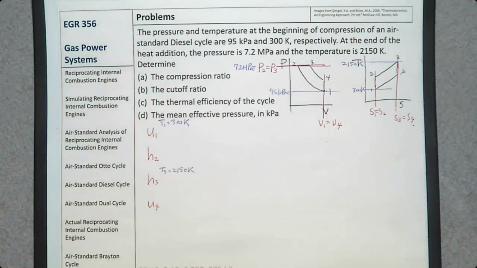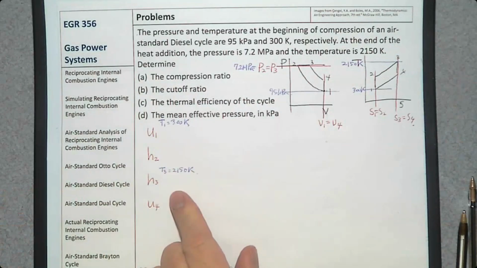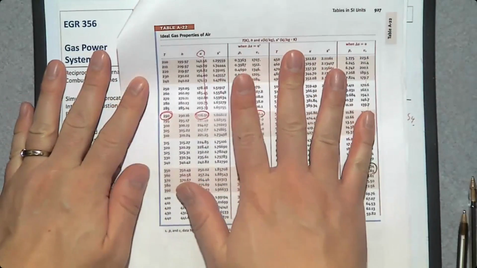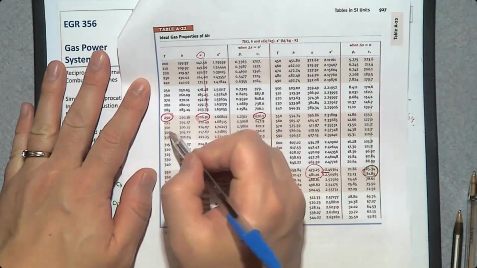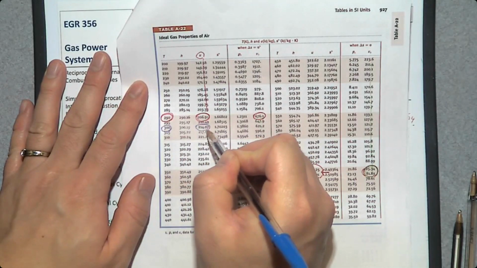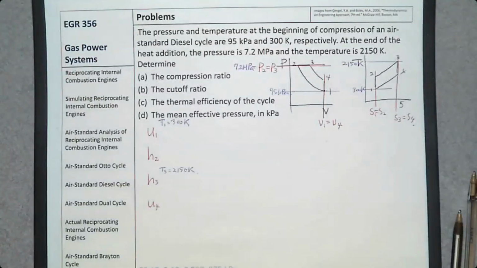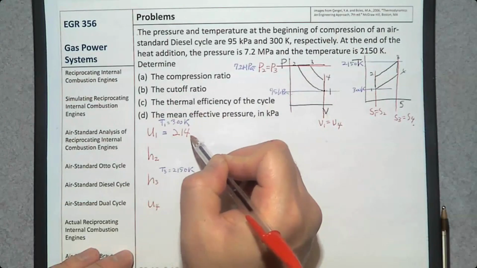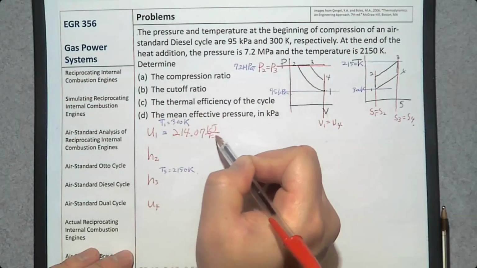So let's find the simplest ones first. Which one? u1 and h3. For u1, the temperature is 300 Kelvin. So if you go to table A22, there is 300 right here. And we want to find u: 214.07 kilojoule per kilogram.